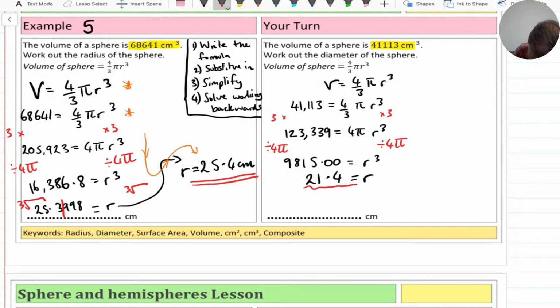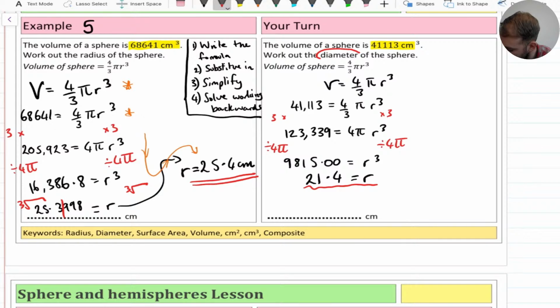That's what we worked out. But the question is actually asking for the diameter. Now I probably should have said this right at the start. So we've worked out the radius, but we actually want the diameter. So to find the diameter, I need to double this one. So times it by 2.